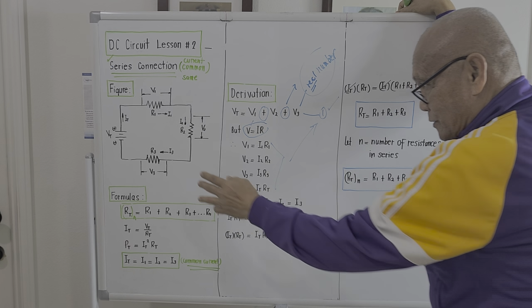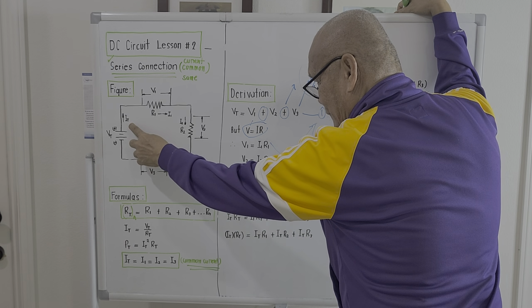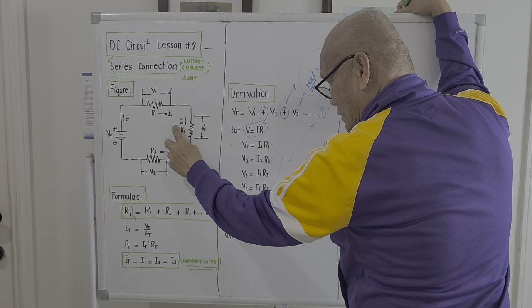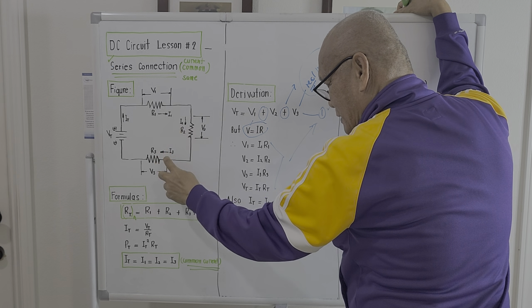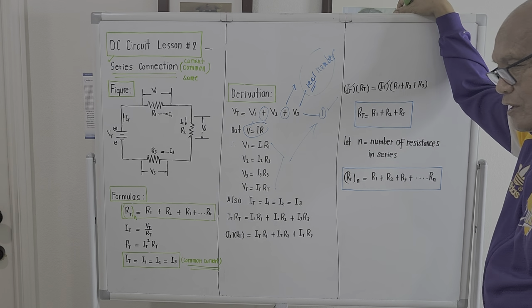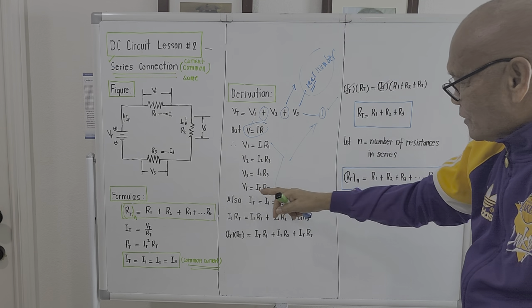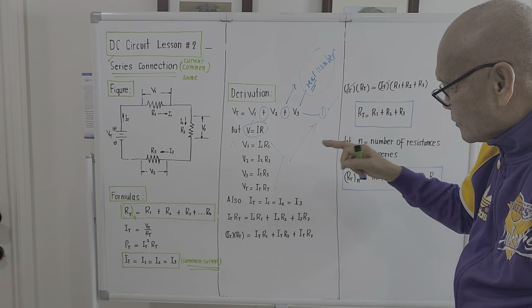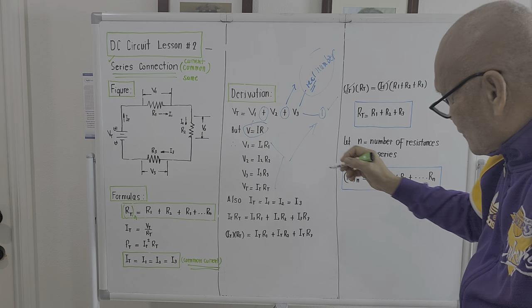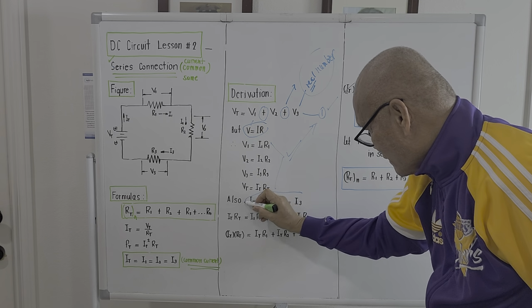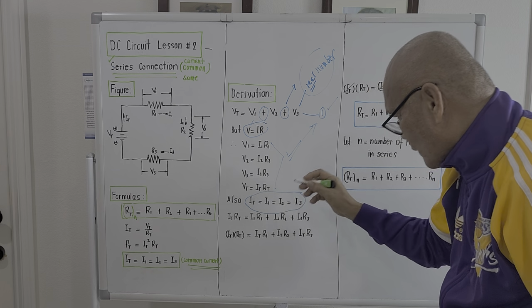This total current is the same as I1, the same as I sub 2, the same as I sub 3. That's why, as a next equation, I place it here: I total is equal to I1, equal to I2, equal to I3. So, by using these equations, plus this relation here, what will happen?